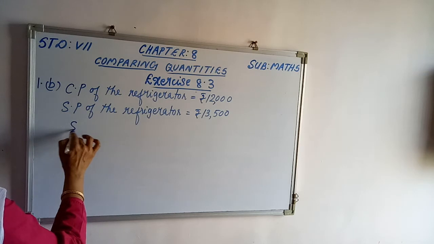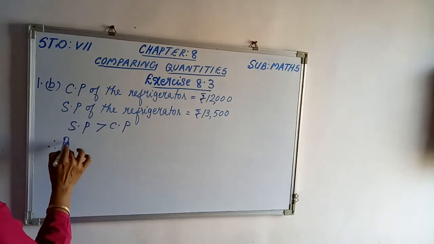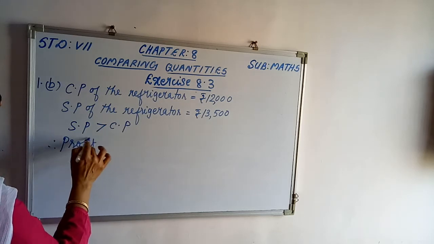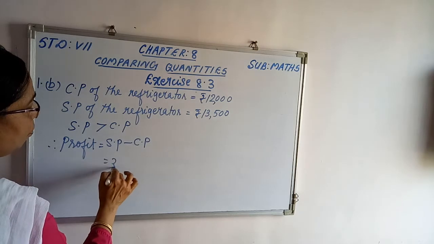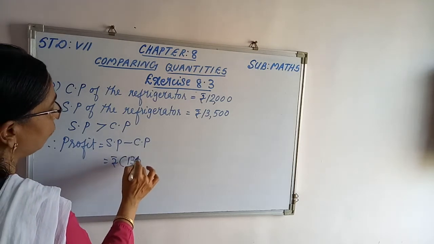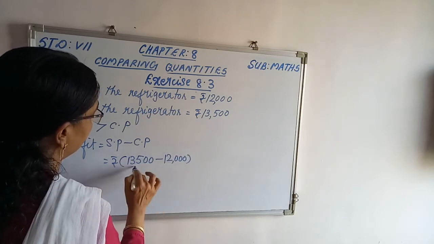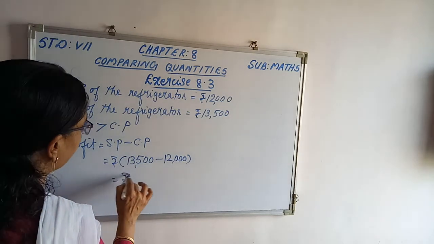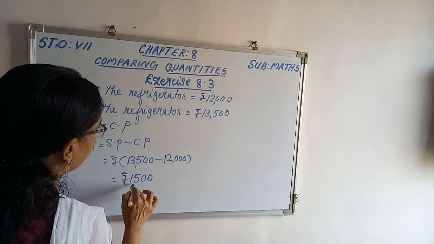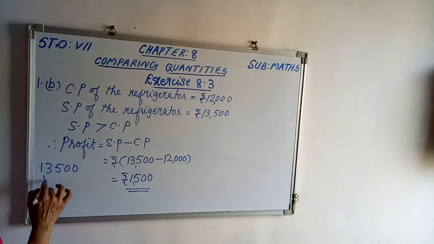Selling price is greater than cost price. Therefore, profit is equal to selling price minus cost price. That's equal to rupees 13,500 minus 12,000. It is rupees 1,500. We can subtract and see.